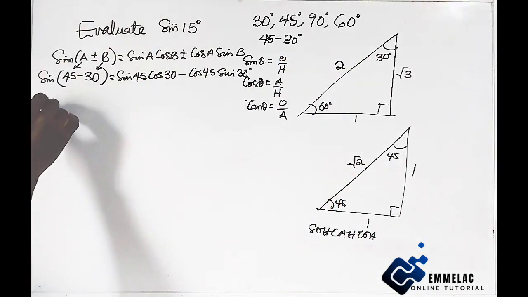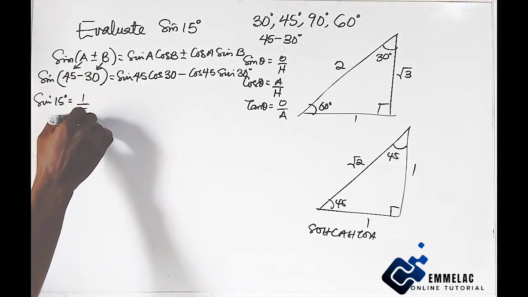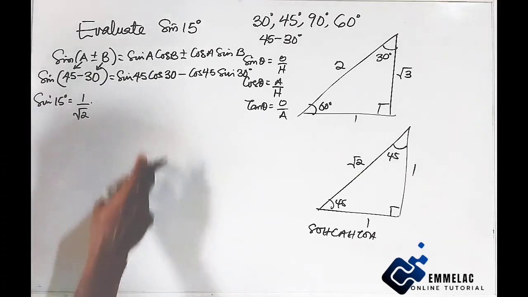So sine 15 equals 1 over root 2 times cos 30.